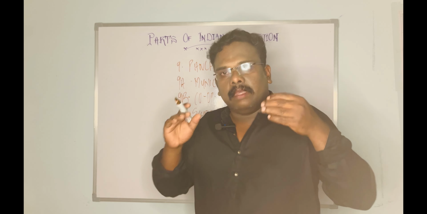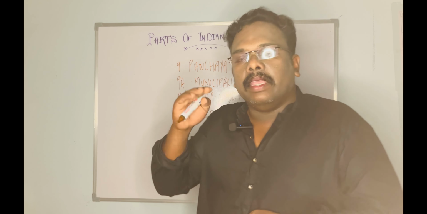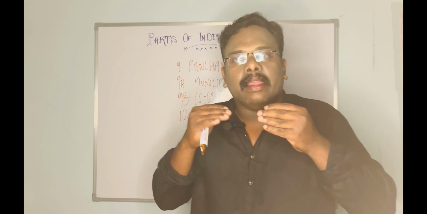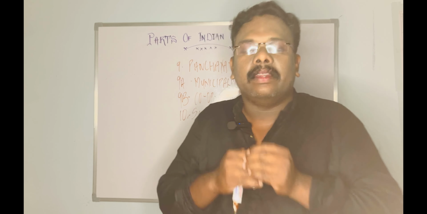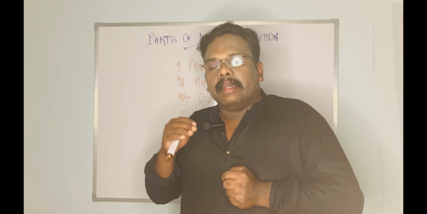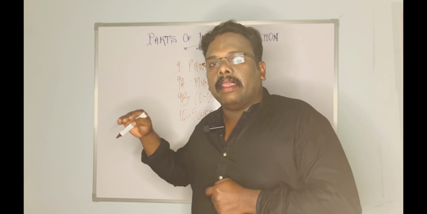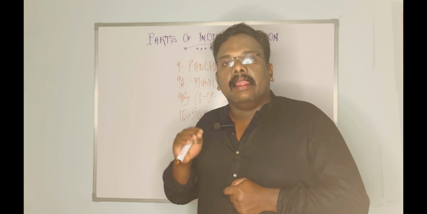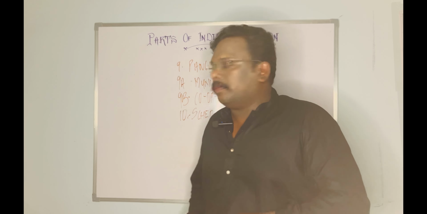Then imagine we have the union government and we have states. How they are related or how they should do their affairs has been directed by the constitution per se. So the next part is the relationship between union and states.